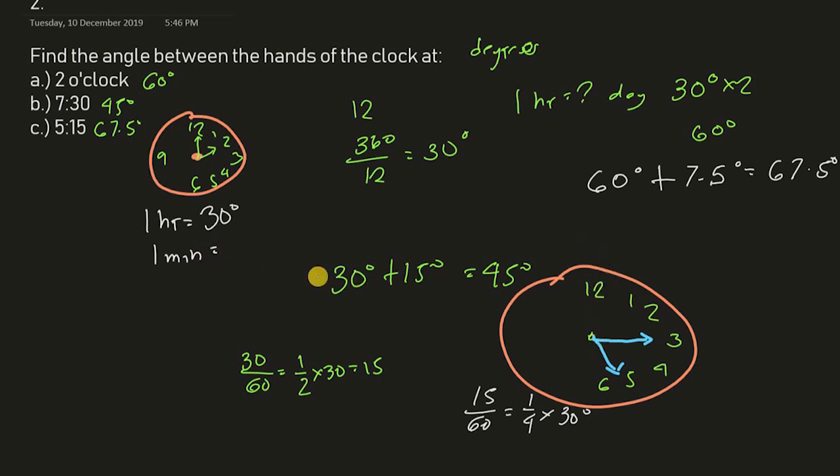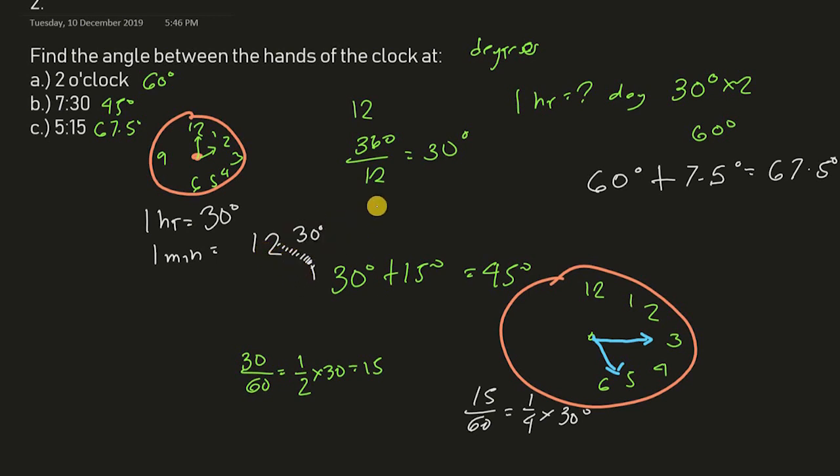So, kung dito, di ba, this is 12, this is 1. From 12 to 1, we know that there is 30 degrees per hour. Now, to have 1 hour, magmo-move dito yung hour hand para ma-complete yung 60 minutes ng isang 30 degrees.